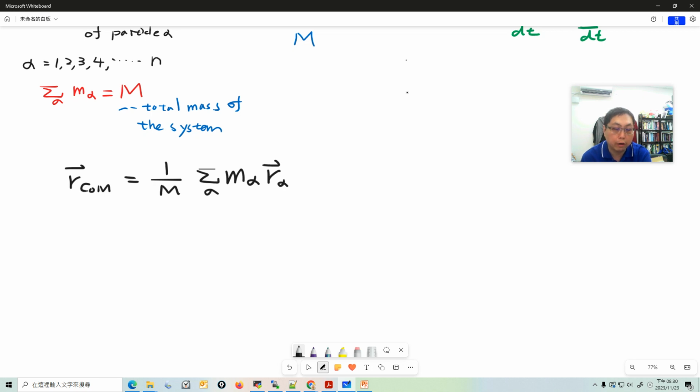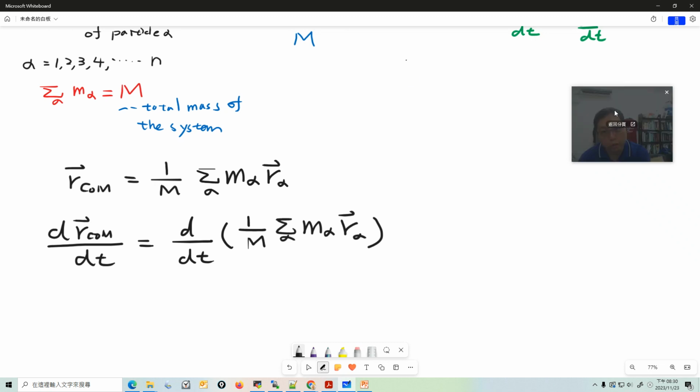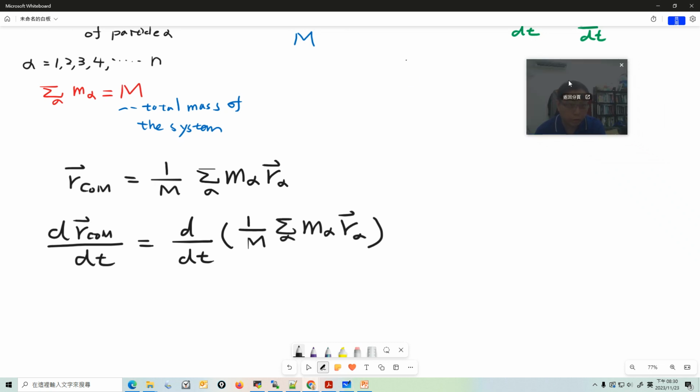To obtain the velocity vector of the center of mass, we take the derivative of the position vector, that is, the derivative of the summation over alpha of m_alpha r_alpha. I believe you already learned a little calculus.